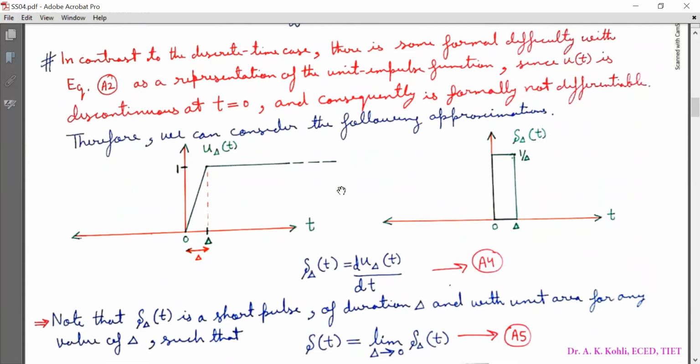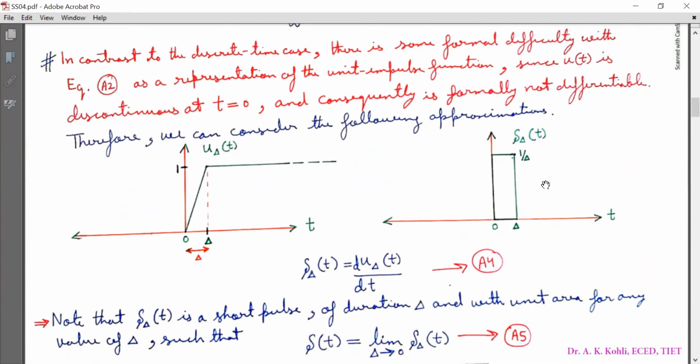Now I have plotted u subscript uppercase delta of t with respect to t. Now I have plotted delta subscript uppercase delta of t with respect to t.